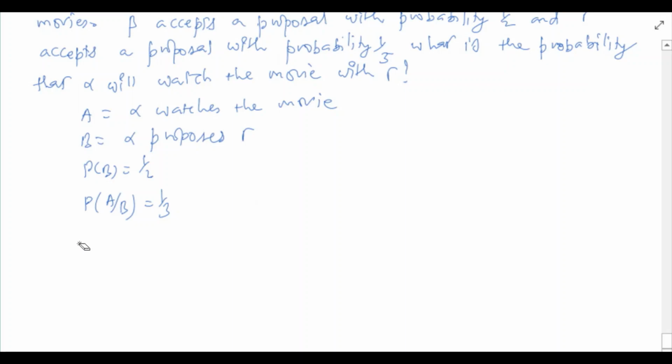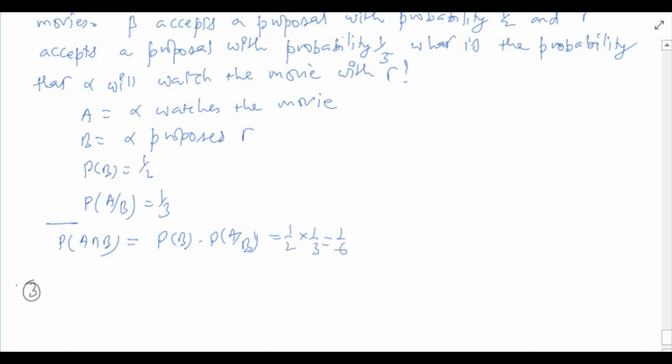We are interested in probability of A intersection B, that is alpha proposes gamma and gamma accepts the proposal. So following chain rule, probability of A intersection B is probability of B times probability of A given B. So it is simply 1 by 2 into 1 by 3, which is 1 by 6.